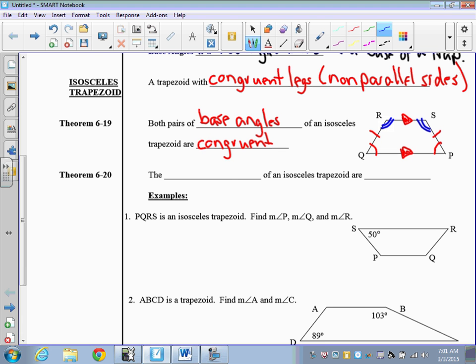So this theorem would say that angle R is congruent to angle S and angle Q is congruent to angle P. The other thing that's special about an isosceles trapezoid is the diagonals of an isosceles trapezoid are congruent. So for our picture, that would mean QS is congruent to RP.